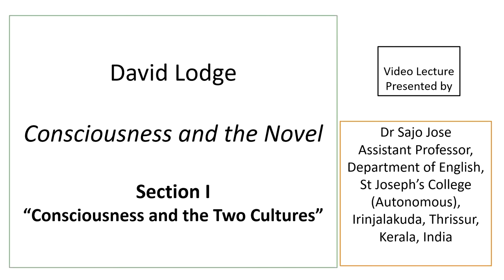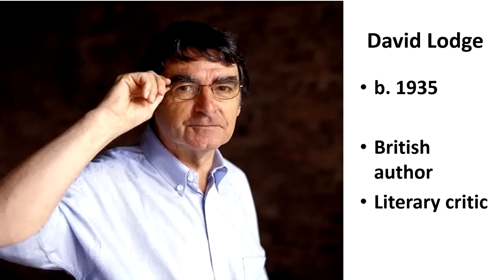When we try to understand the author, he was born in 1935. David Lodge was a British author, not only an author but also a literary critic. We have many works to refer to by this writer.